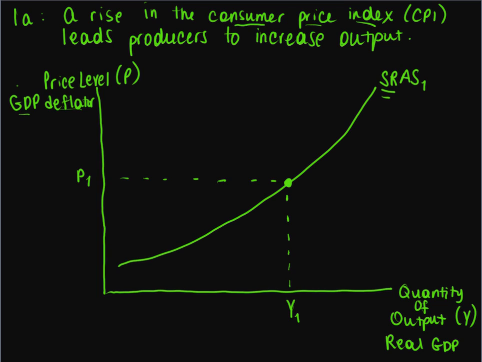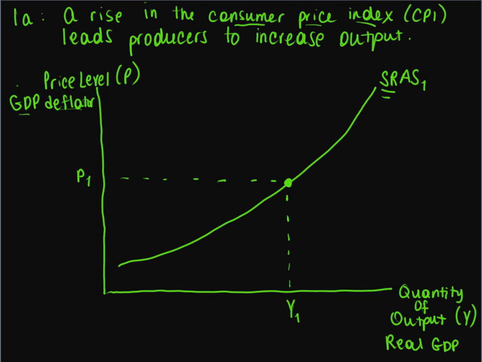The consumer price index is an index of the prices of a market basket that only includes those goods that consumers buy, so it's not going to include things like raw materials, inputs into production, or intermediate goods. Nevertheless, the consumer price index is a measure of the price level.